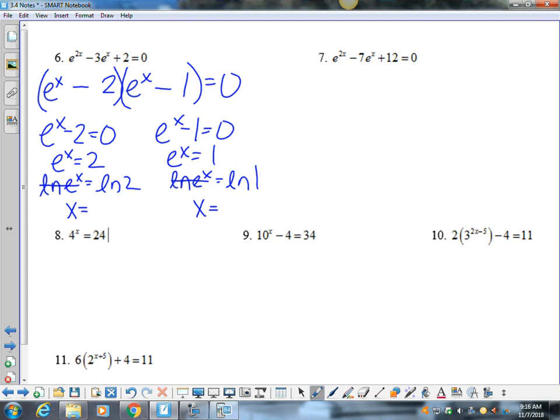And then all you have to do is type those in on your calculator, although one of them you shouldn't have to type in, one of them you should know. ln of 1 is always 0. If you don't know, you can always type it in. ln of 2 is decimally, I got 0.693. Everybody cool? Okay, you try number 7.